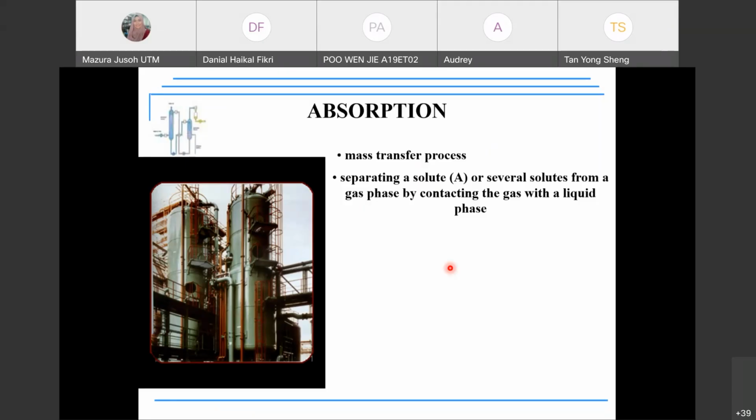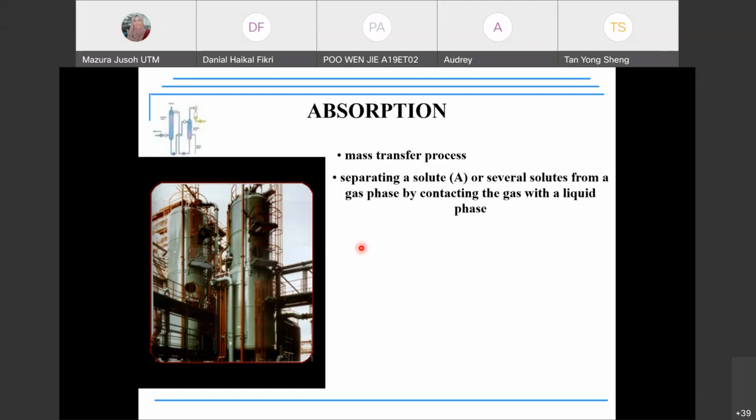But in this first part, what you are going to learn is just a mixture of two gases, a binary system. So if you have a mixture of two gases, you want to be able to purify, let's say, solute A or gas A in the mixture. So you have to use a solvent to take out A from the mixture. All right, so that's the process of absorption.